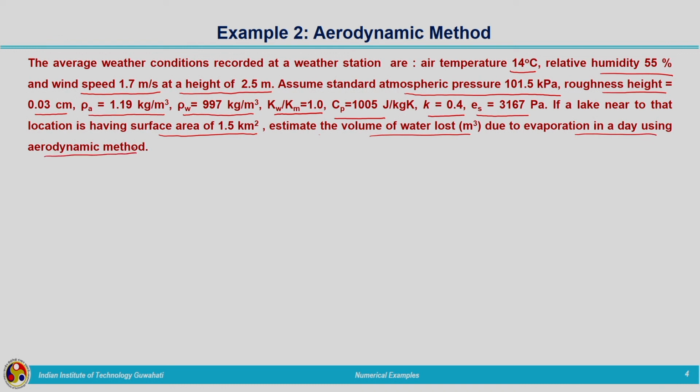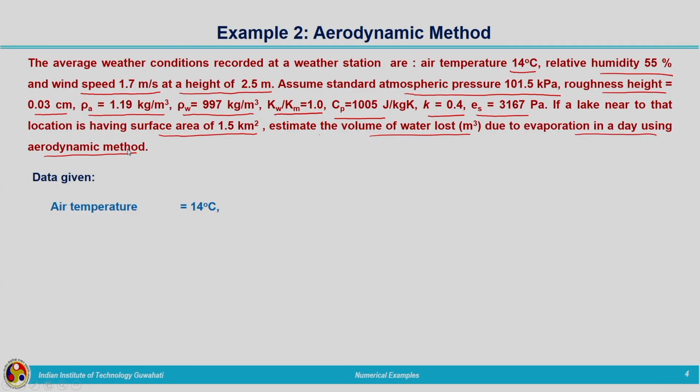We need to calculate the rate of evaporation, that is in millimeters per day, by using these given values and making use of the aerodynamic approach. First, let us see the data given. I have already read out those values.